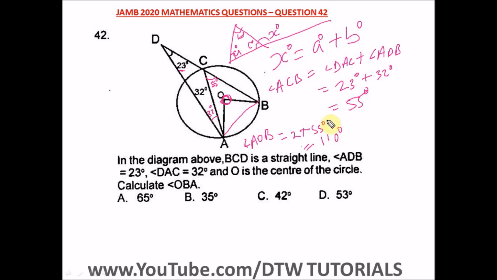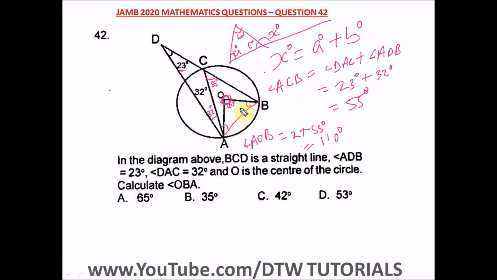So we have successfully found this angle to be 110 degrees. We're asked to find the angle here, and we can't find it unless we find the angle here.